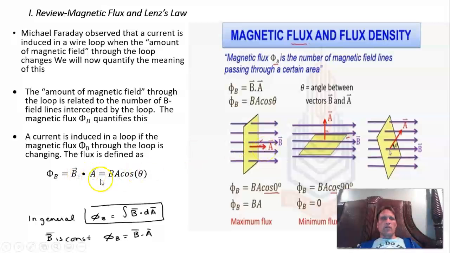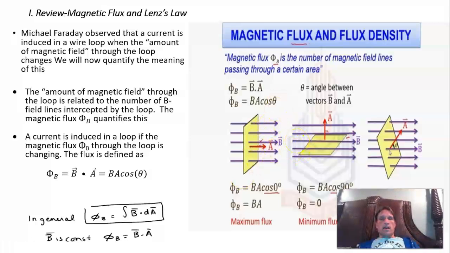So you can also write that as B times A times the cosine of the angle between B and A. Basically, if you start with the loop perpendicular to B, so it's flush with the field, and you tilt it by some angle theta with respect to the field, that is the angle.